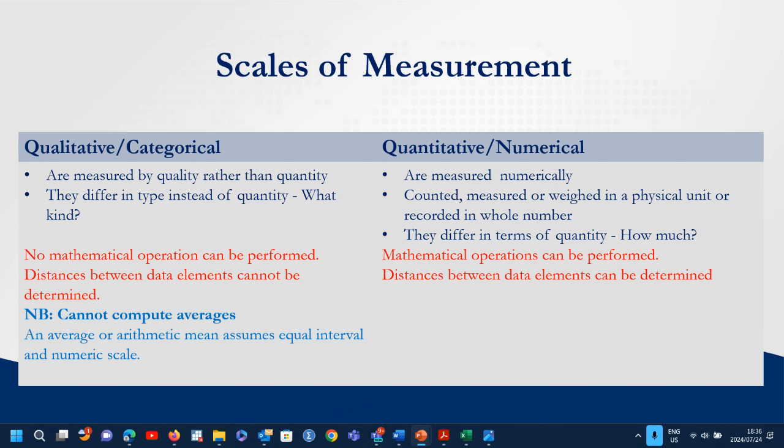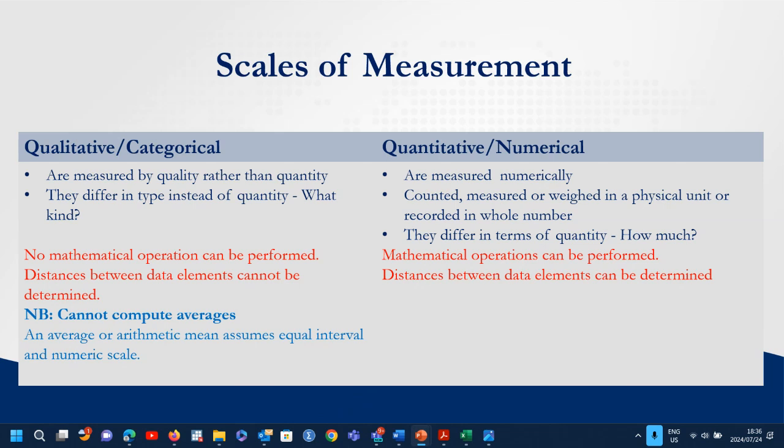So you can't take my hair color and add the next person's hair color. If I say my hair color is black, you can't add all the black, add all the brown, and get an average, which is what usually happens. You can't do mathematical operations on qualitative variables. It means you can't compute an average, because to get an average you must add things up.